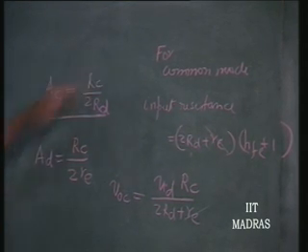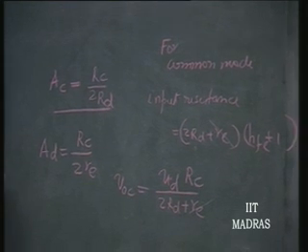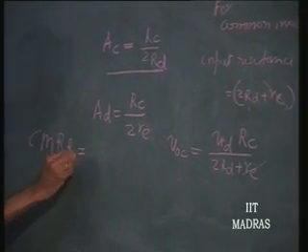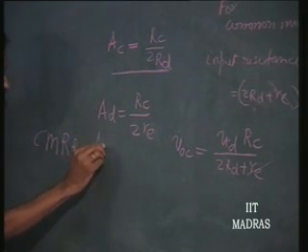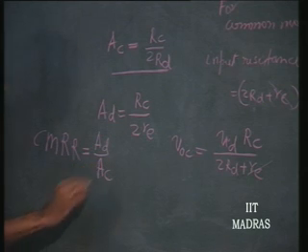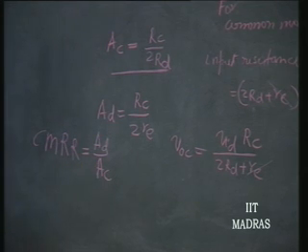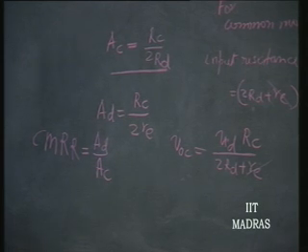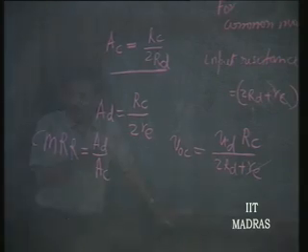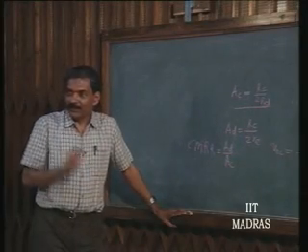If you take the ratio, common mode rejection ratio is nothing but AD by AC, and it is independent of what I am connecting at the collector, because the rejection property is due to the current sink that I am feeding at the common point of emitters.